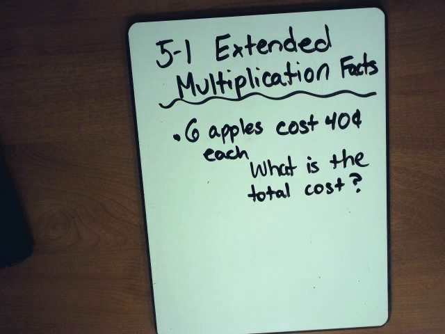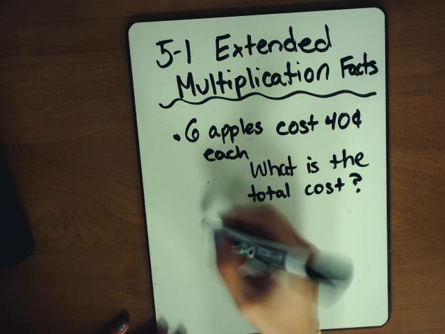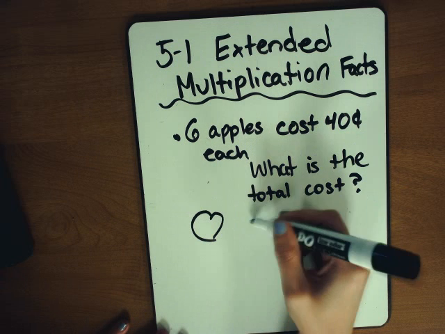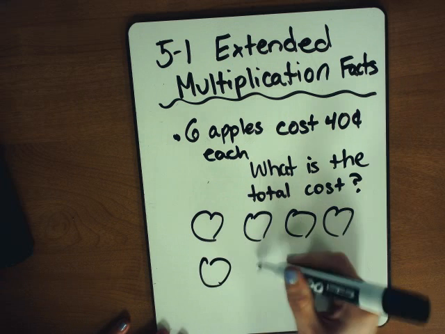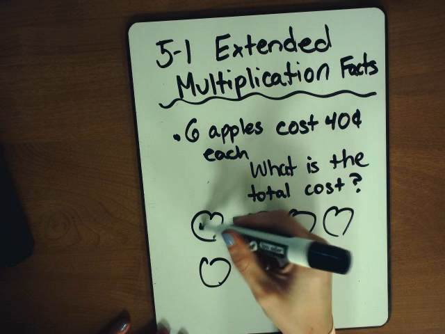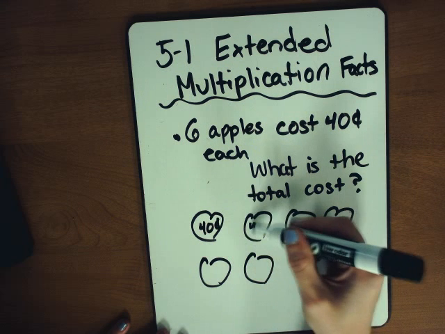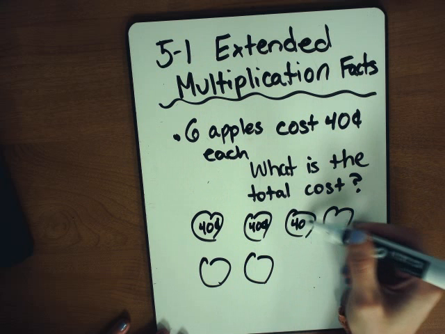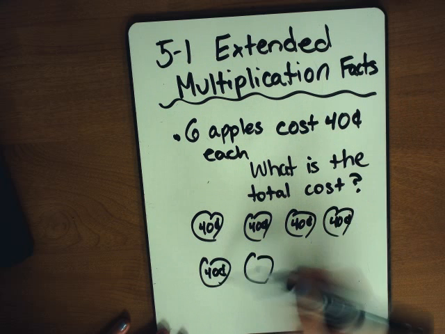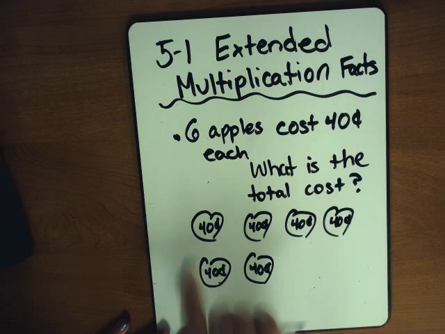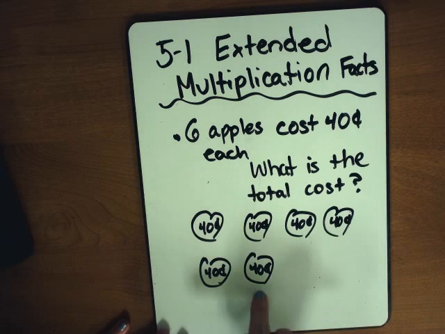Okay, so you might think about this in terms of we've got 6 apples, and each apple is 40 cents. So we could solve this by adding each of those up with repeated addition.